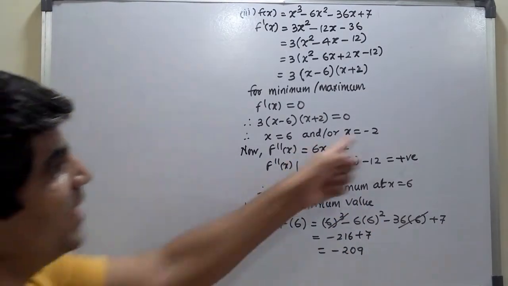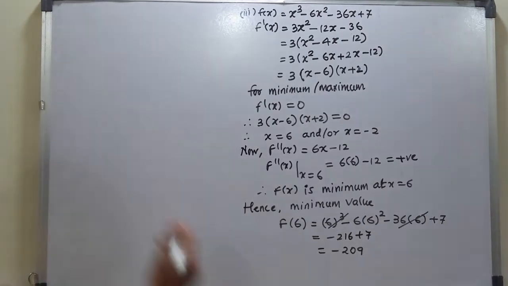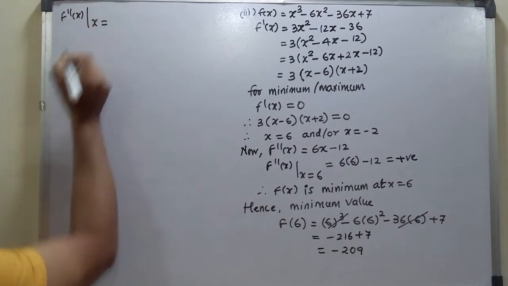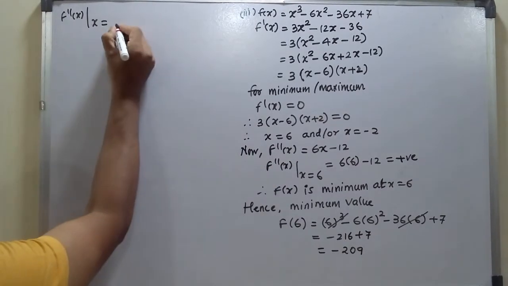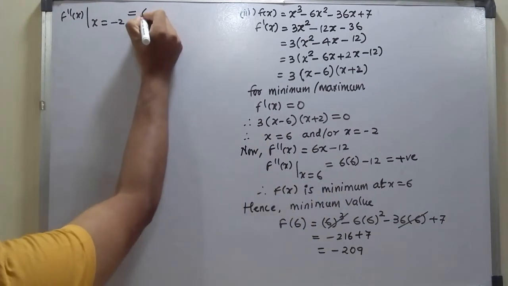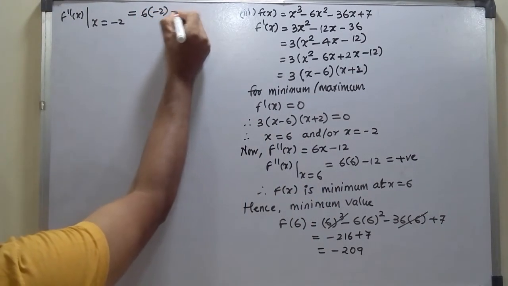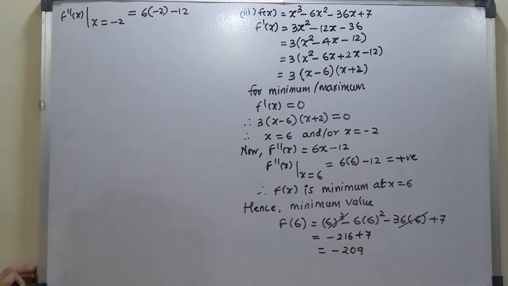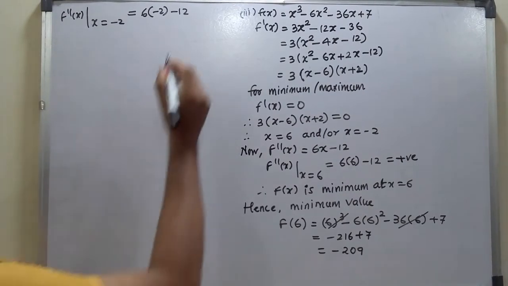Now you have another point also. There I will check my f double dash x. So f double dash x at x is equal to what? Minus 2. So that will be your f double dash x, 6 into minus 2, minus 12, right? So 6 into minus 2 is negative. Minus 12 is negative.